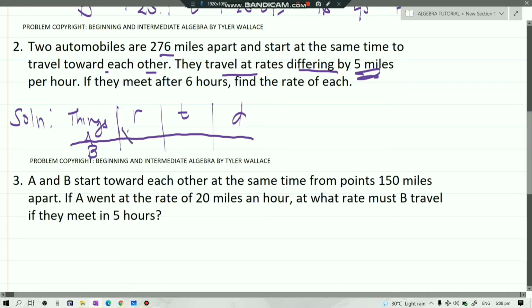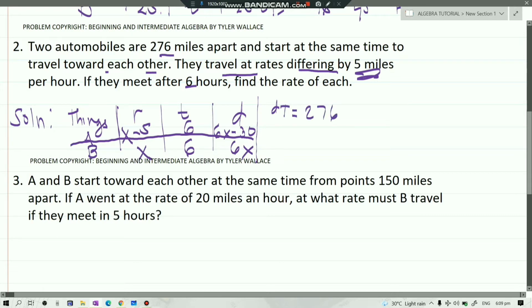So, that is x minus 5 and B is may rate na x. And yung time natin is 6 hours given na. So, we have 6 and 6. And to get the distance, column for distance, so we have 6x minus 30 and 6x.